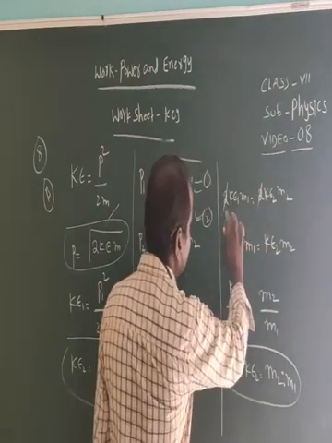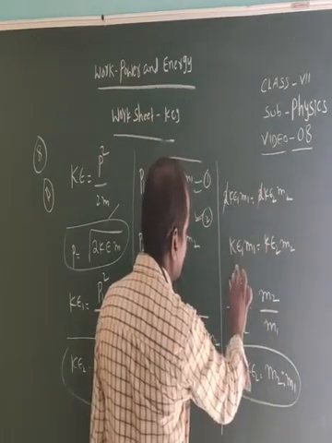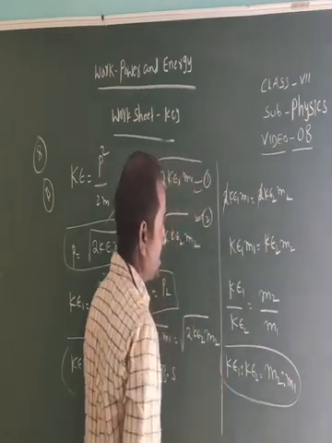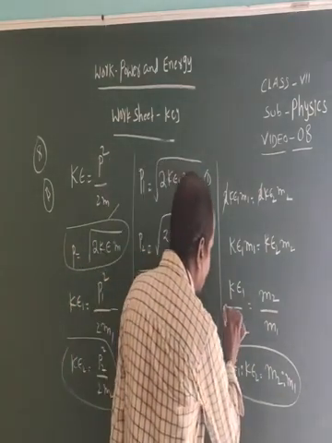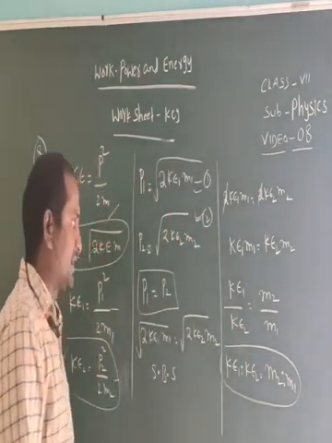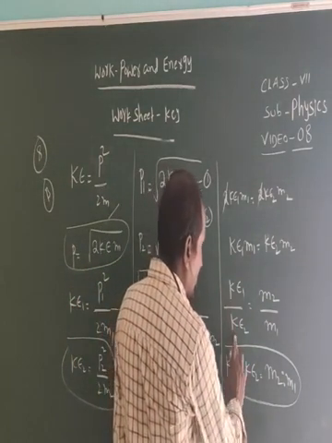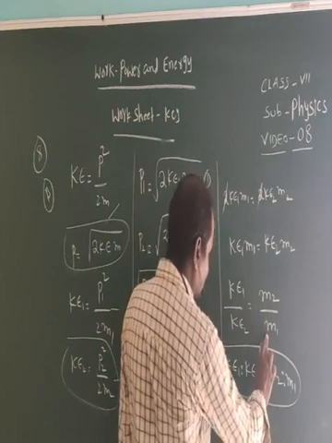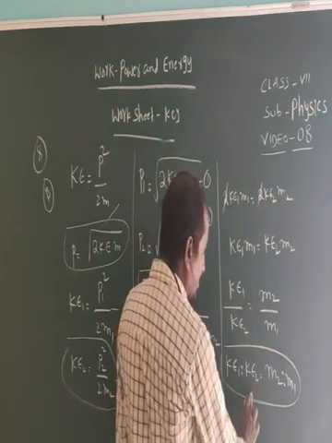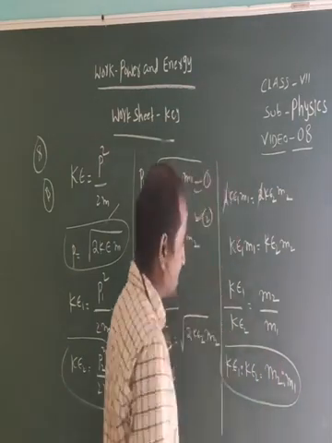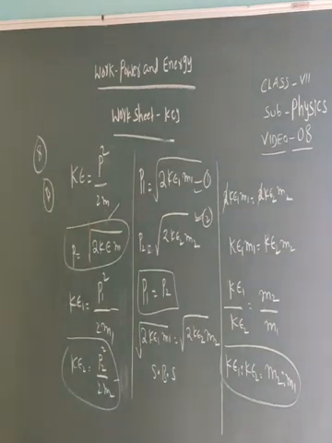So the 2 gets cancelled, remaining K1 m1 equals K2 m2. Our aim is to find the ratio between kinetic energy 1 and kinetic energy 2. So K1 by K2 equals m2 by m1. Therefore K1 is to K2 equals m2 is to m1. So option number B is the answer. Now ninth one.